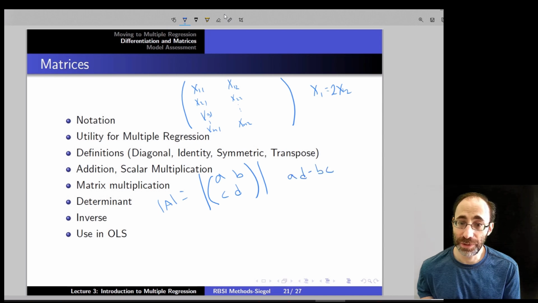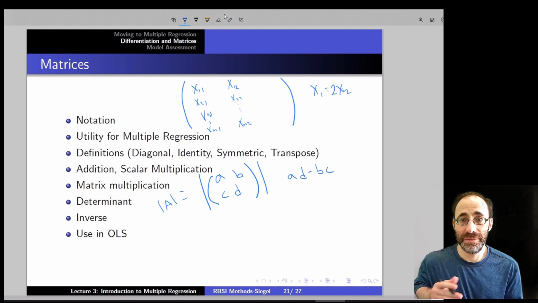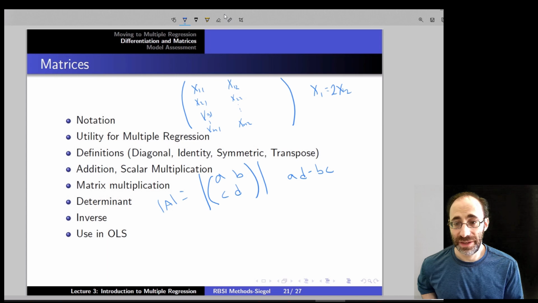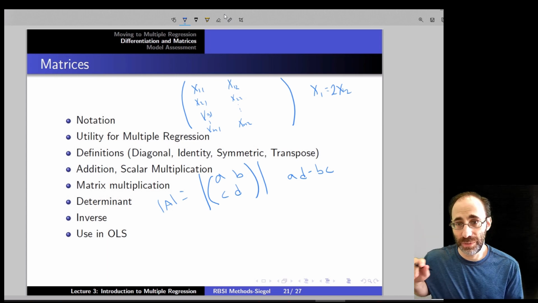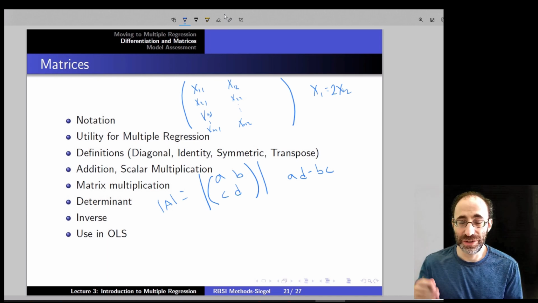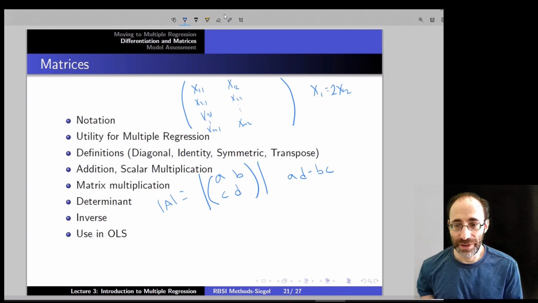So it's the diagonal elements multiplied together minus the off-diagonal elements. The general version is a little more complex and involves breaking down larger matrices and doing this for each element one by one, breaking down into smaller and smaller pieces to get 2 by 2s. Again, you can see that elsewhere. It's not so important right now. But this is what it is in this case.